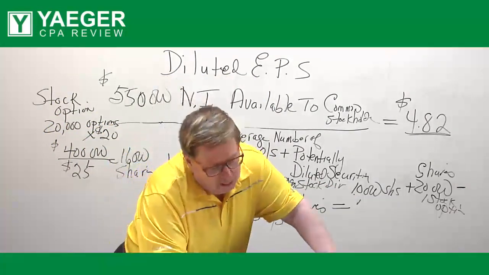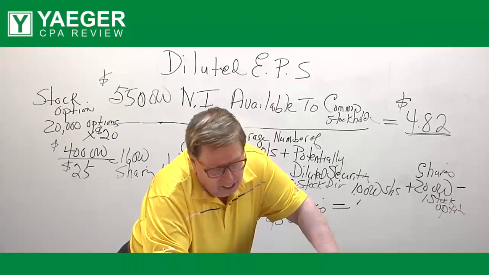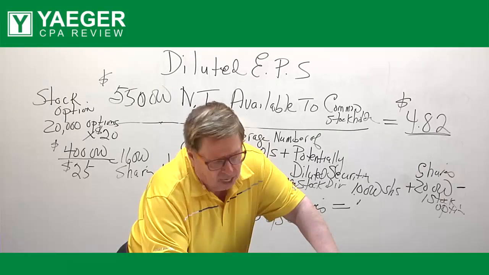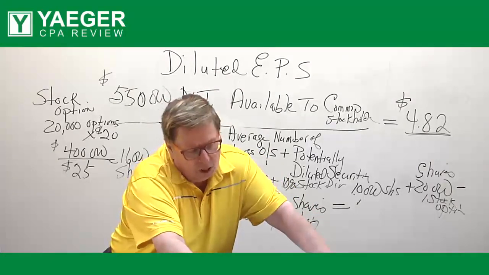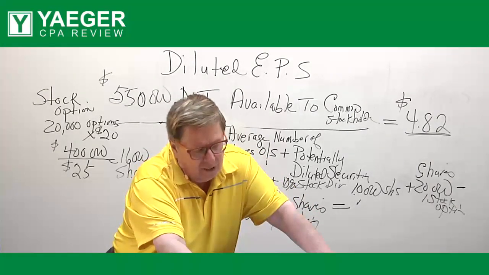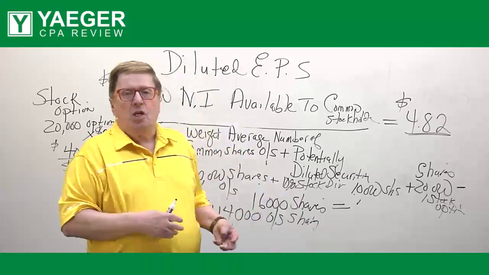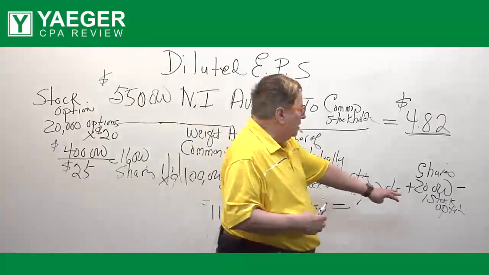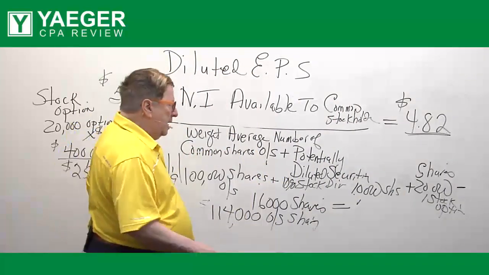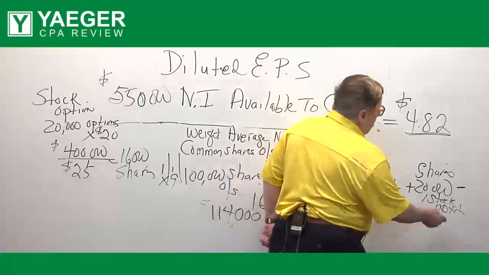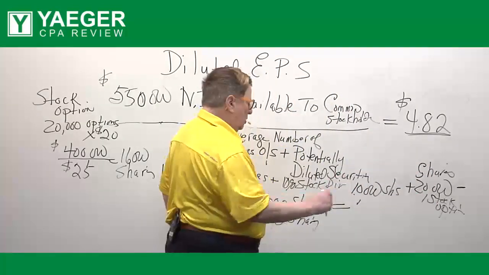Now, why do we not weight the 20,000 shares of common stock? Well, it says here, in parentheses, they were already adjusted for the 20x9 stock dividends. So we just add the 20,000 shares. Now please remember, those 20,000 shares are weighted because the stock options were exercised on January 1st.